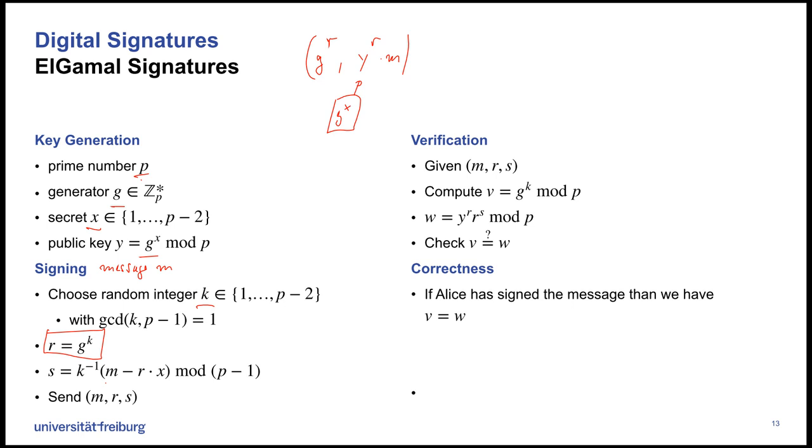We compute r times the secret, and we subtract the message from that. And then finally, we take the other secret, compute the inverse of it, and multiply it with that. And this is done modulo, I hope that this is correct, p minus 1. I will check later on whether it's correct or not. And you have to compute a modulo for that.